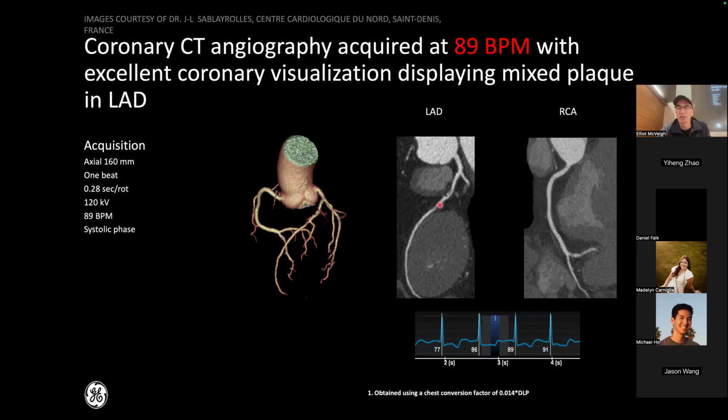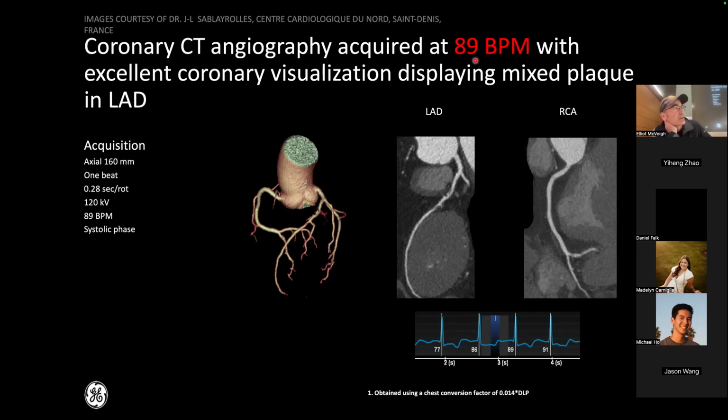The other thing is, this used to be the Achilles heel of CT: if you had a fast heart rate and you needed more beats to acquire your data, because it took a long time to get the data, you would get all of these problematic motion artifacts. But now with these big detectors, we're scanning people at the hospital even higher than 90 beats per minute.